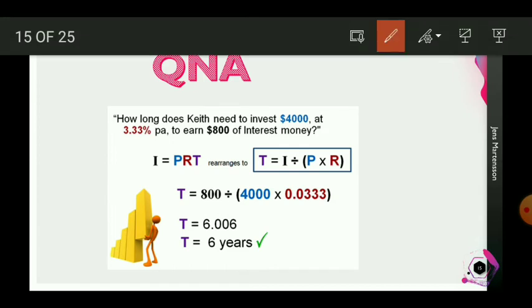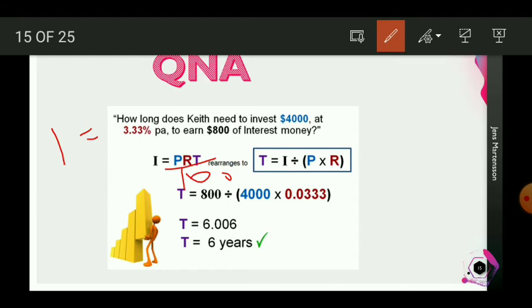Now let's see the next question. So what does it say? It says, how long does Kate need to invest? It's asking us the time, right? What we need to do is first of all apply the formula, that is I equals PRT upon 100, right? And then what next?